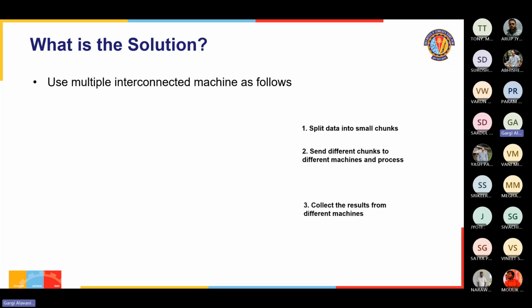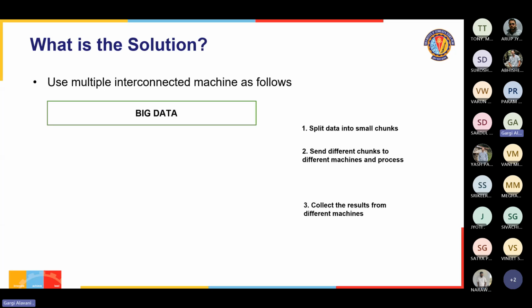So here, what we do is we use multiple interconnected machines. How do we do it? We take a big data, a lot of data, and then we split this data. That splitting is what we call chunks.